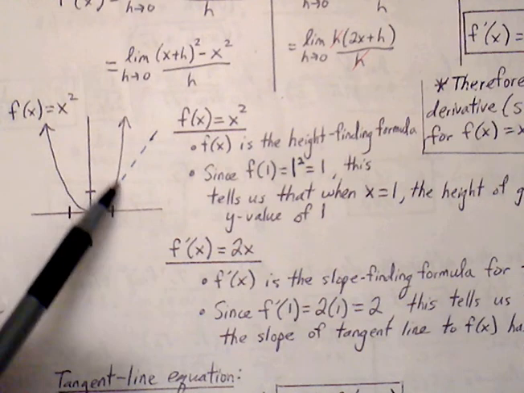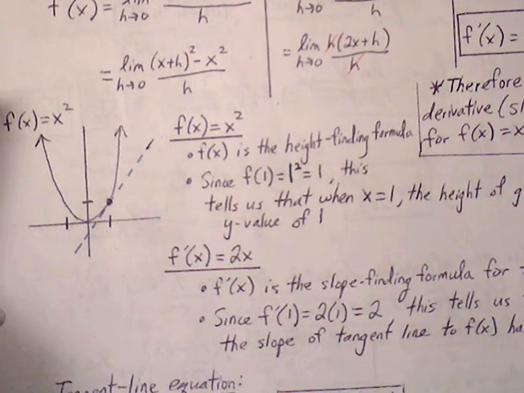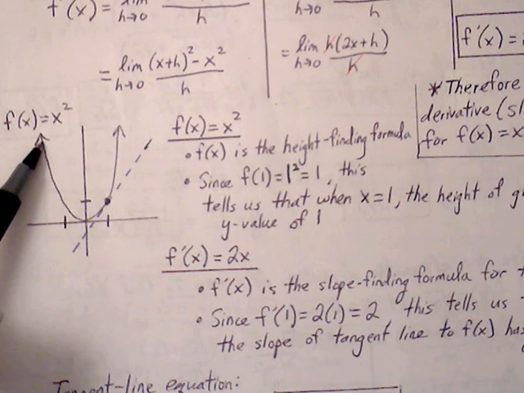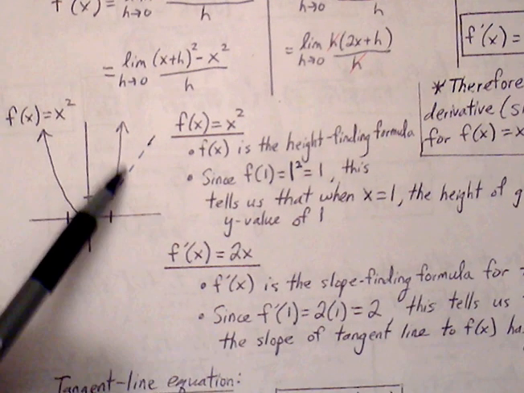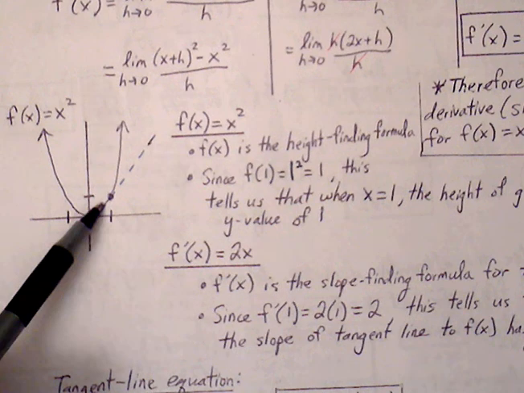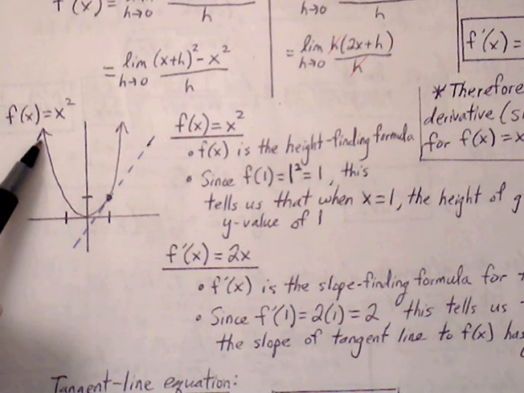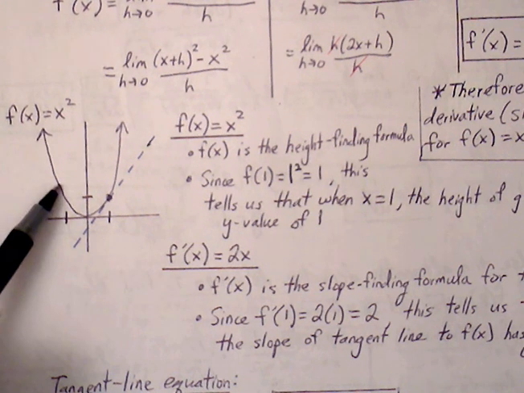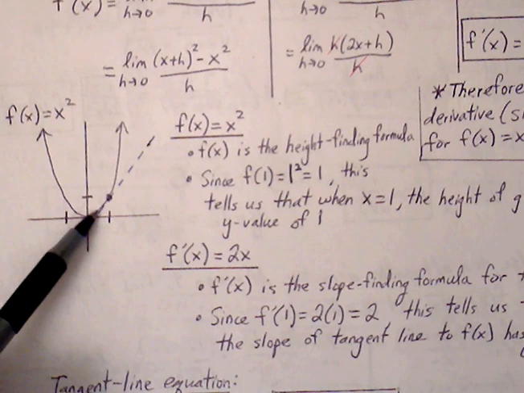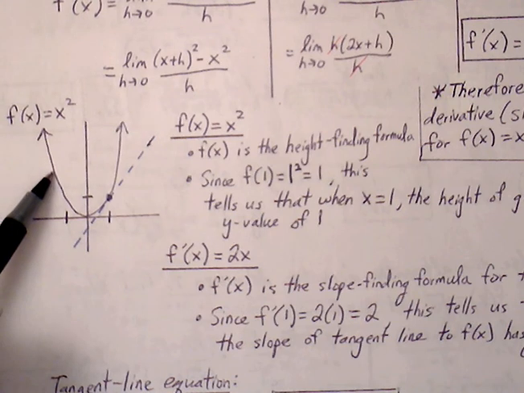So here we have a parabola, right? And now the slope of this parabola is always changing. However, it is changing according to a pattern that we're going to try and figure out. We're going to try and find the derivative function, which will then be the formula that we can use to find the slope of this ever-changing curve as long as we provide the appropriate x value.